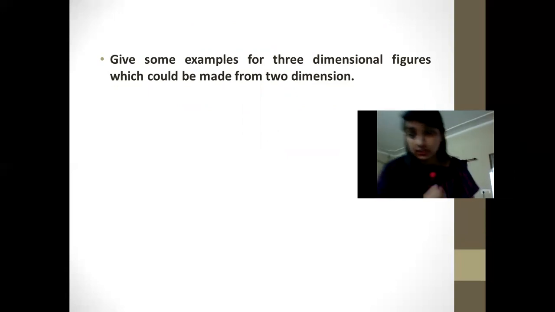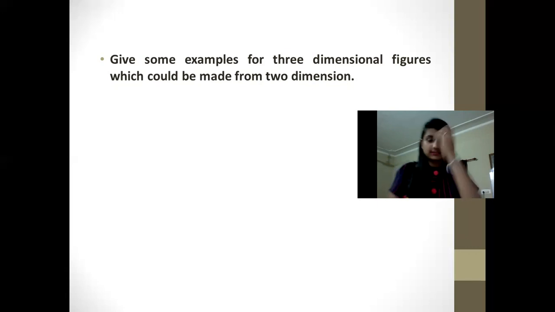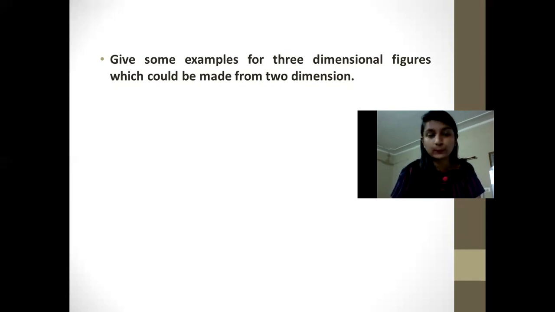Yes, like I have given you the example of a square. You can also give me some more examples. I have given you a simple example of a cube. You can give me a similar example of a cuboid as well. Isn't it, students?